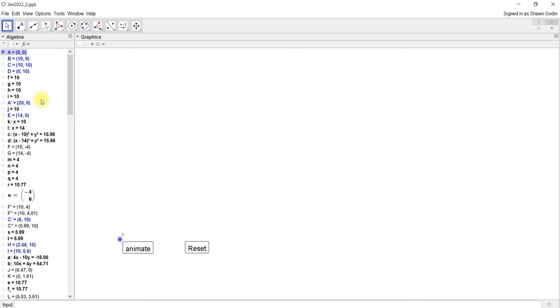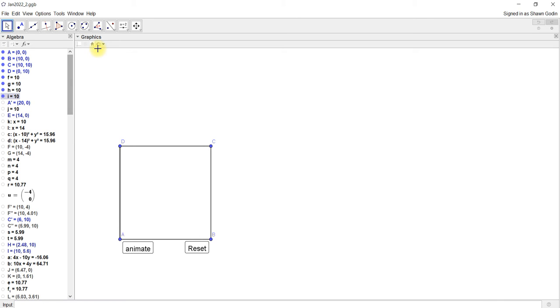I did this by typing these coordinates in, and if you look at the statement A equals (0, 0), that's how I typed it in. I created the points for A, B, C, D, joined them up to make our original square.